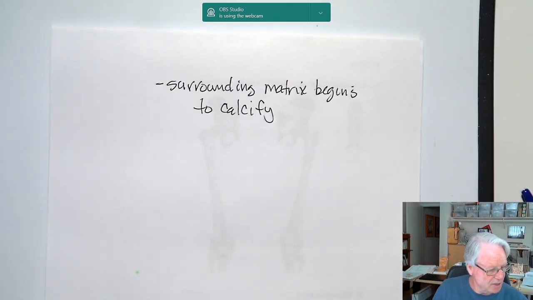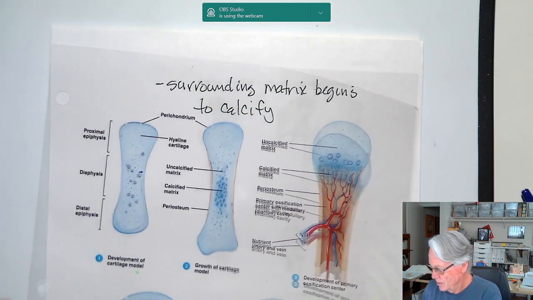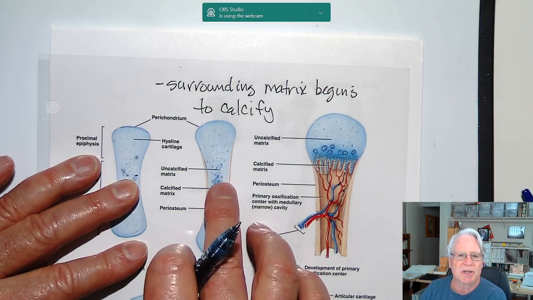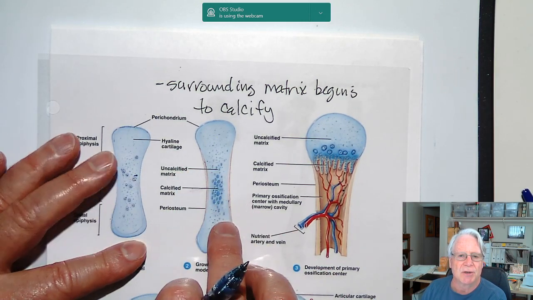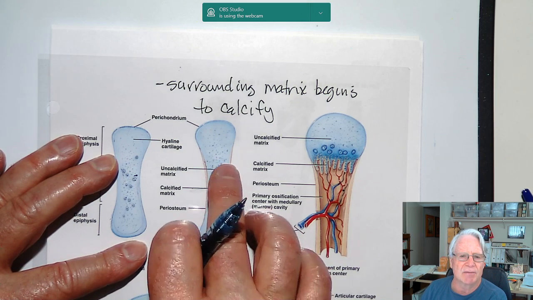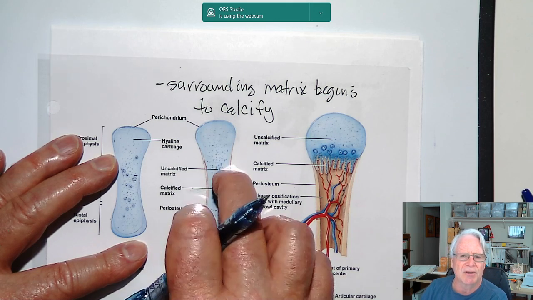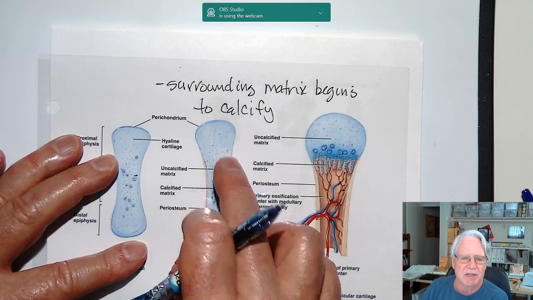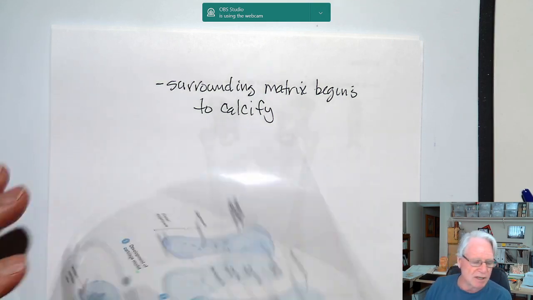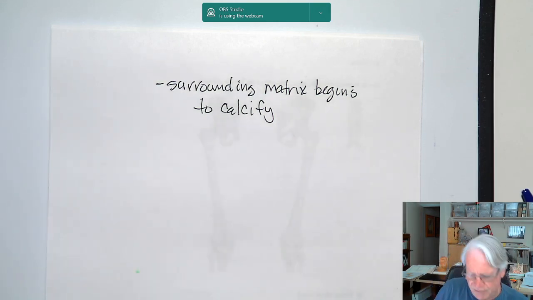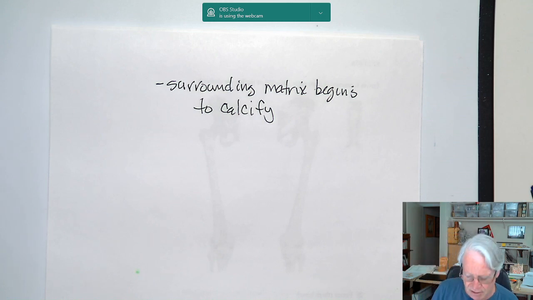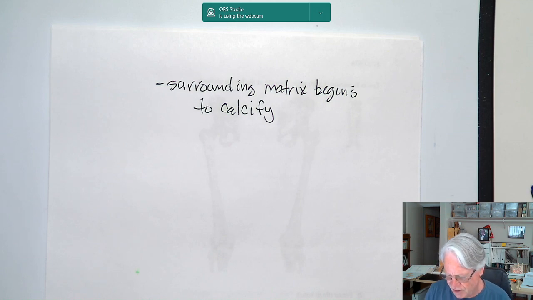So coming back to the image, you can see calcified matrix, uncalcified matrix. So this area where the cells are enlarging, the matrix is hardening now. It's no longer that semi-jelly sort of substance. It's hardening, and that makes it even more difficult for materials to get into those cells so that they can get the nutrients and the oxygen that they need.